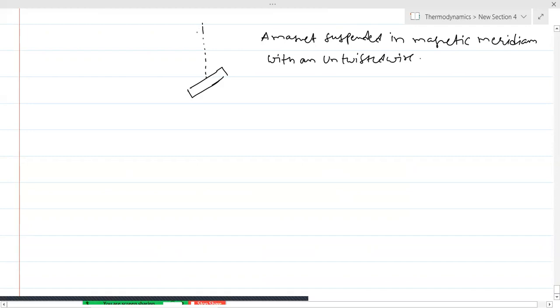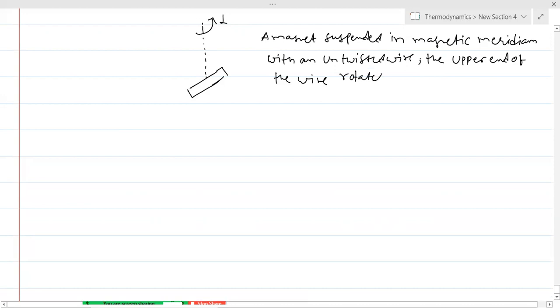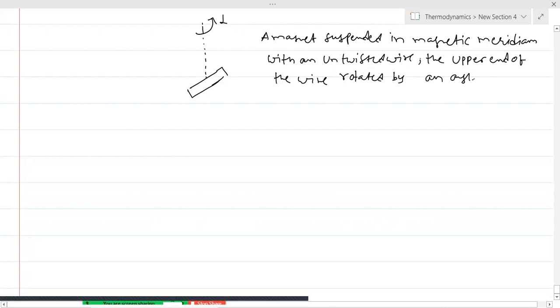Now the upper end of the wire is rotated by an angle alpha to deflect.